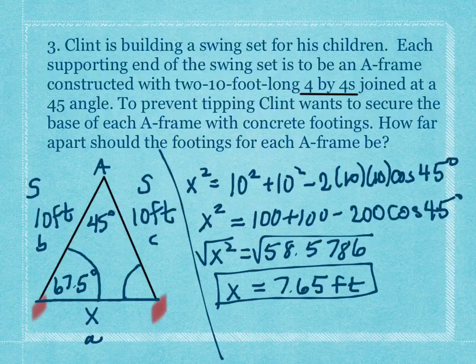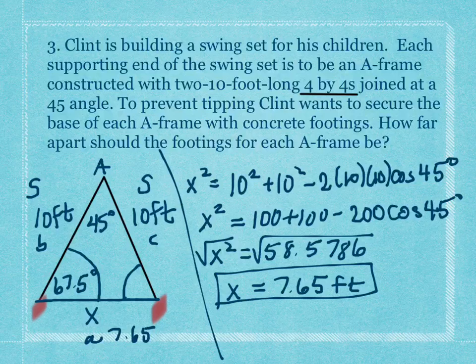So the fact that I got 7.65 feet down here is reasonable because it's opposite an angle that's smaller. If I had gotten a value down here on the bottom that was 13 point something feet, I would have cause for concern. That can't be right because the opposite angle, 45, should be a smaller side than the 10 feet. Is everybody tracking with me on that?